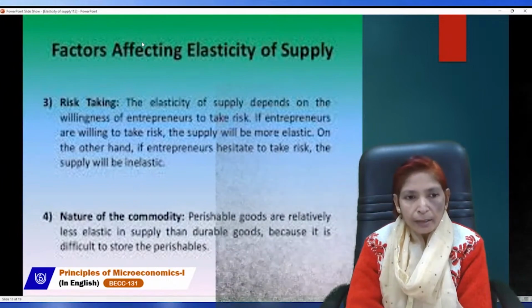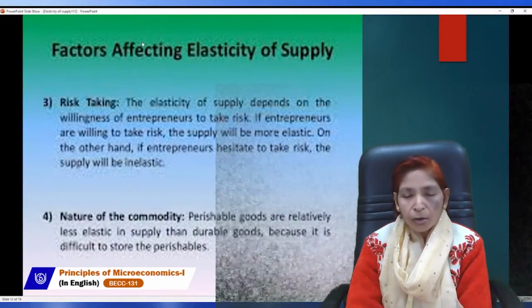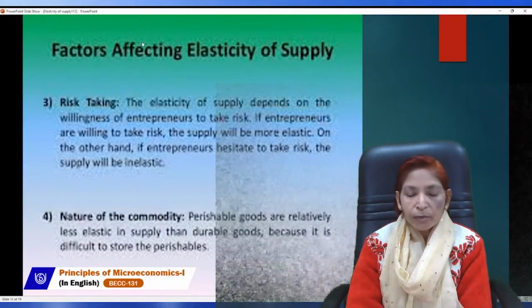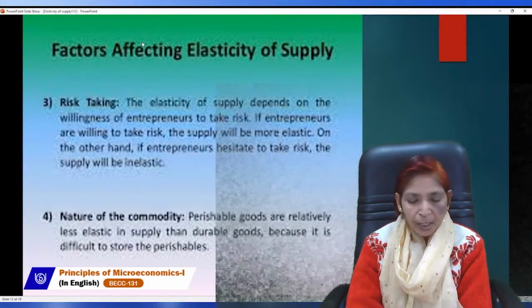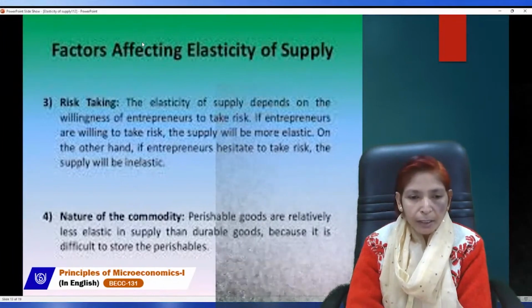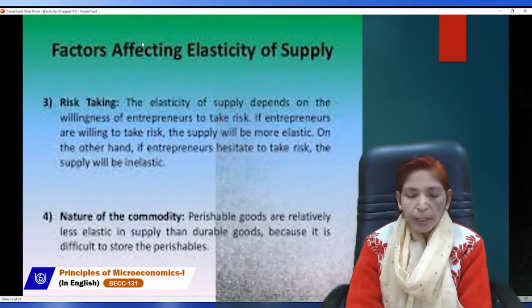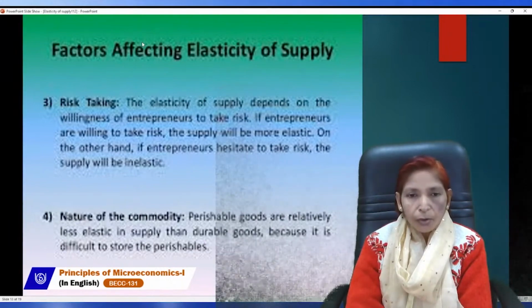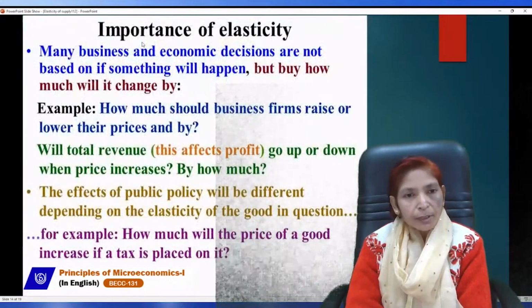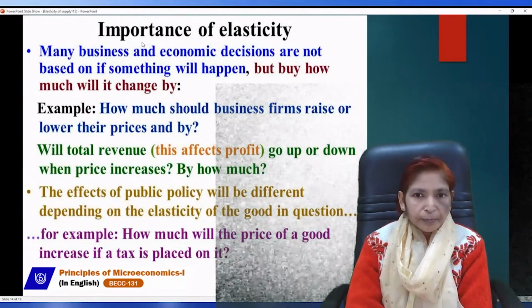On the other hand, if entrepreneurs hesitate to take risk or are not willing to take risk, the supply will be inelastic. And nature of the commodity, as you have studied, perishable goods have relatively inelastic supply than durable goods because it is difficult to store perishable goods. So all these are the factors which determine the elasticity of supply.